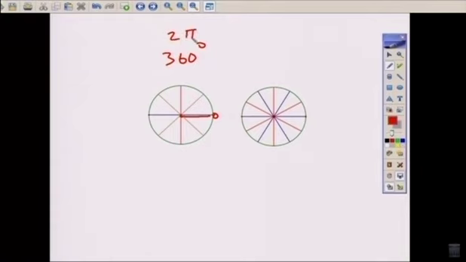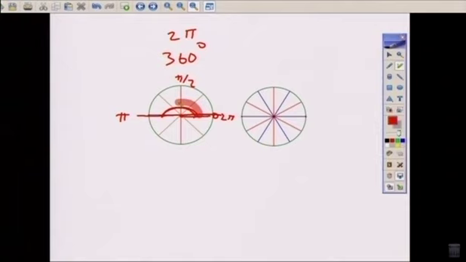So I start with my full circle, and if I cut that circle in half, the angle from here to here would be pi radians. 1 pi, and then coming all the way back around puts us at 2 pi. Now if I cut each of those in half, so if I take my angle that represented pi, and I cut that in half, I'm now looking at a pi over 2.